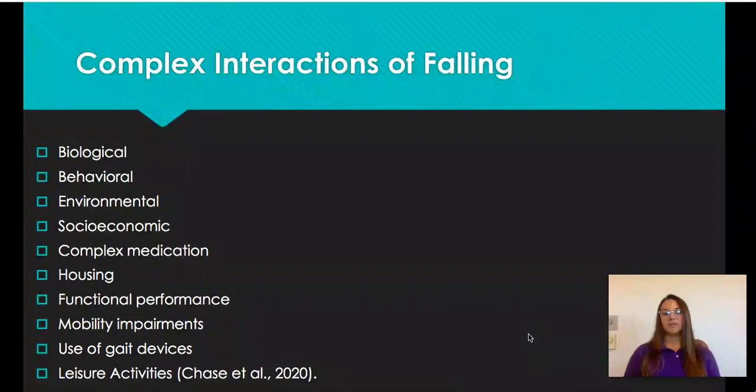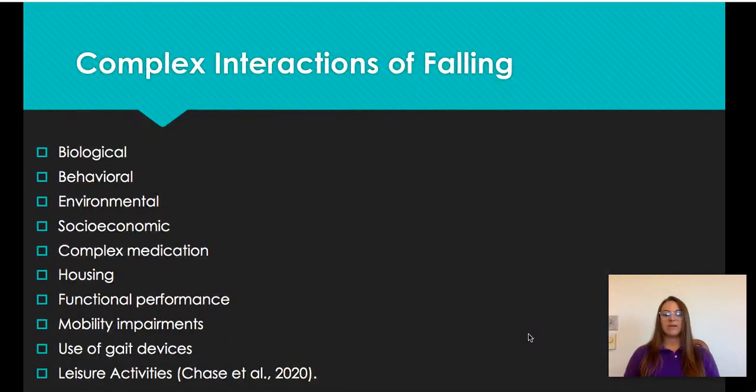Complex medications. If people are taking their medications incorrectly, this can cause falls. Housing, the type of housing you have. Do you have steps? How many stories do you have? That can affect it. Functional performance, so how well can you perform? Maybe because of a declined body, you can't perform as well. Mobility impairment.